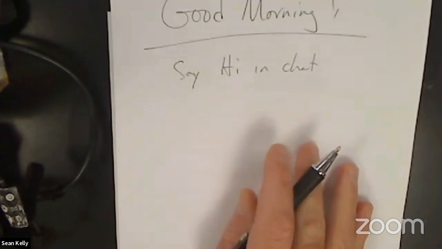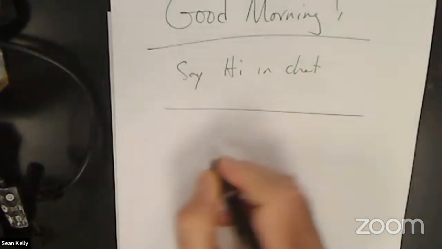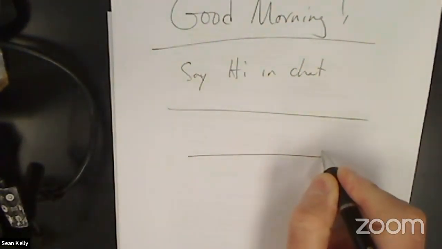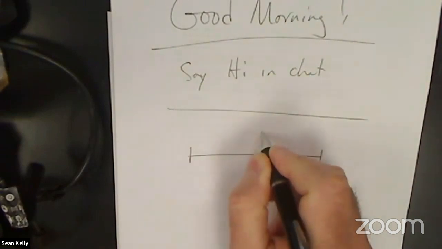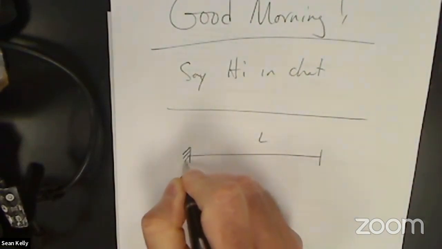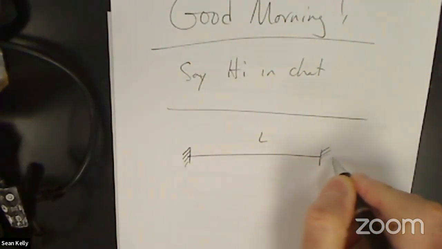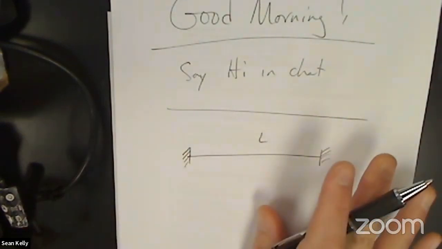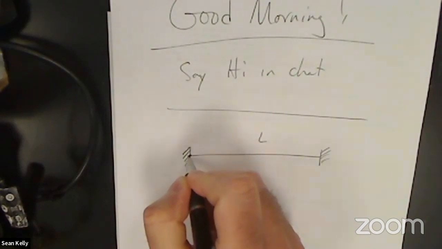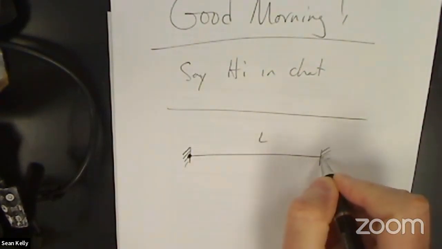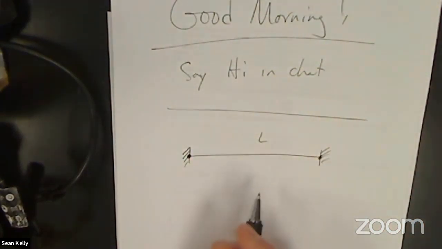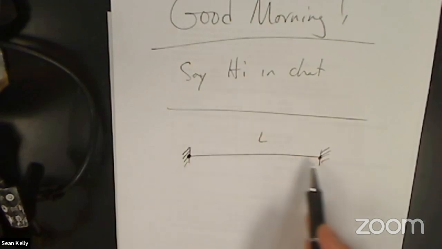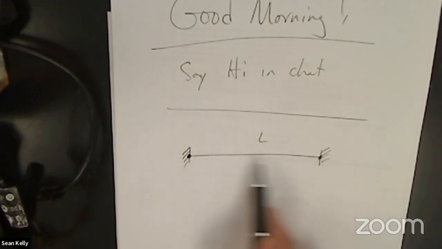It turns out that if you have a string, let's make a little string, and it has a length L. And I'm going to do something that you should be aware is not always true. For the sake of today's lecture, I'm going to take my little string and tie it between two fixed points.